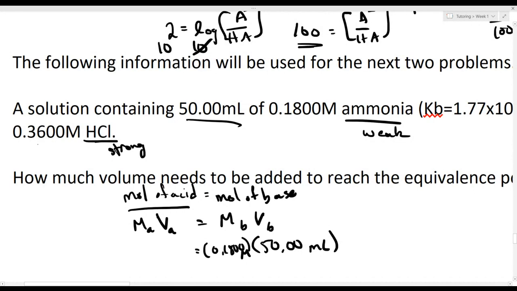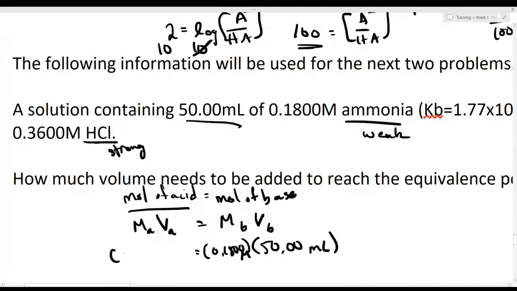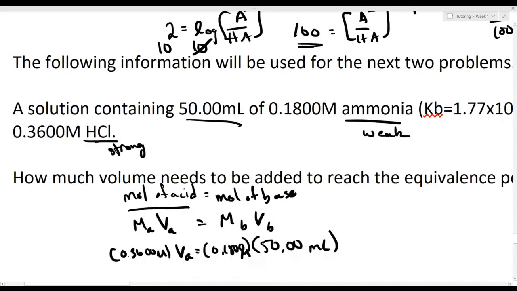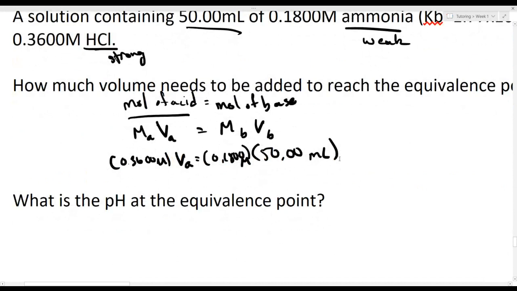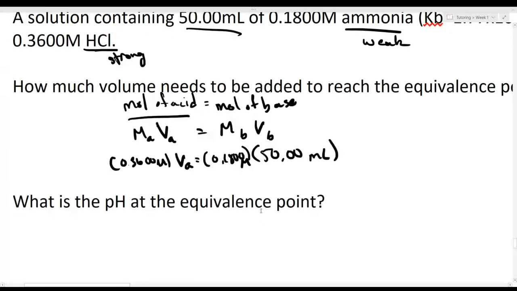And the acid has a molarity of 0.3600 molar and some unknown volume, right? So this is the entire question. It's a fairly easy question, but one that a lot of students mess up on because of the definition of equivalence point.